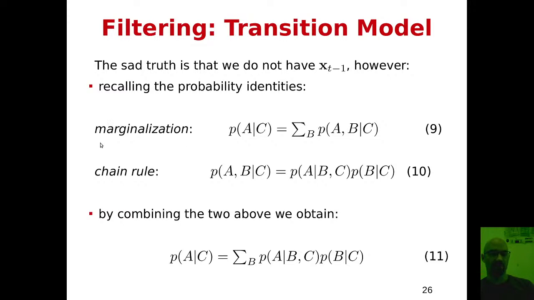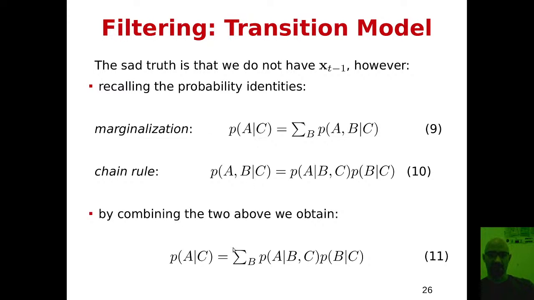And then we have the always handy rule of marginalization that tells you that if you want to kick out a variable, in this case B, from a joint distribution, you just have to sum up over all possible values of that variable. In this case, you obtain P of A from P of A and B. The C is correct because it occurs in every term of this identity.